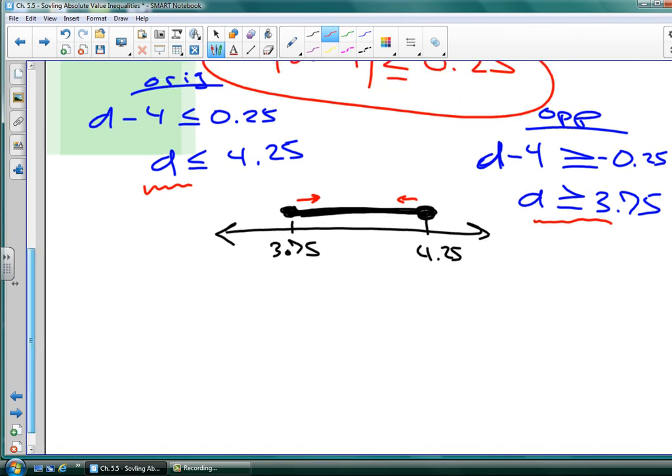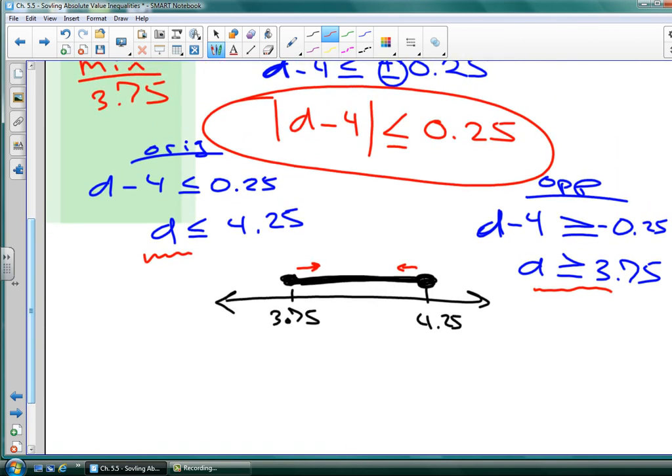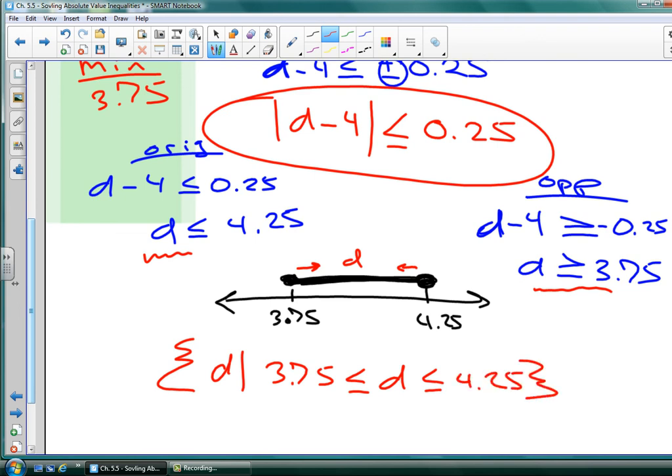Again, the variable that I defined all the way back in the beginning is d. In set builder notation, I would write d such that 3.75 is less than or equal to d less than or equal to 4.25, in fancy brackets.